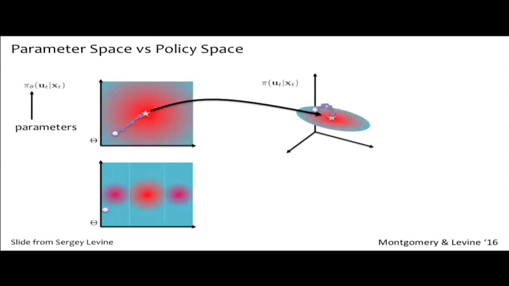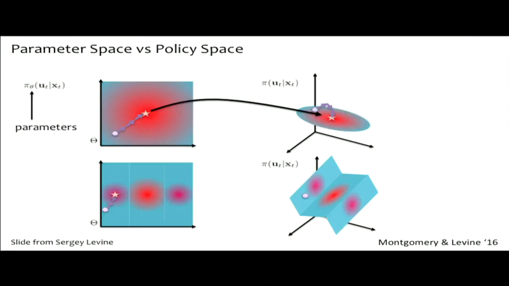But in practice, our optimization surface isn't going to look like this nice Gaussian blob and this very nice convex surface. It might have a lot of local minima. So in parameter space, especially where you have many dimensions, you might not reach the global optimum when you try to optimize.